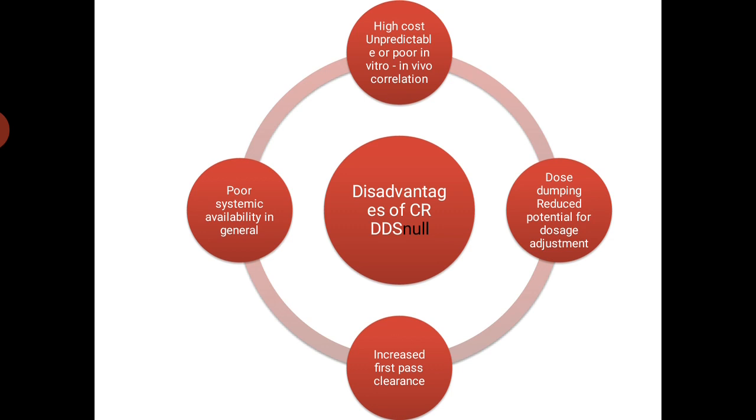But in the case of a controlled release dosage form, this is not required. A peak value is not required. A higher bioavailability is not required. That means it may attain a poor bioavailability compared with that of the conventional dosage form. So these are the disadvantages of a controlled release drug delivery system.